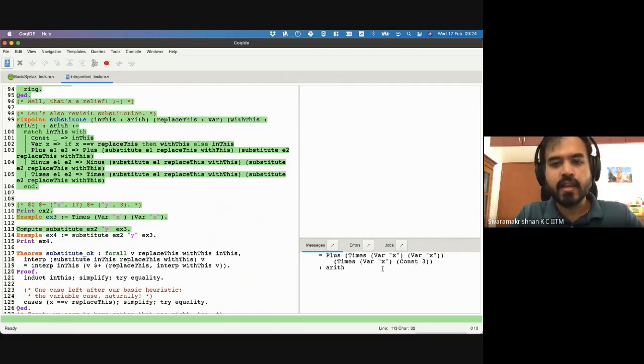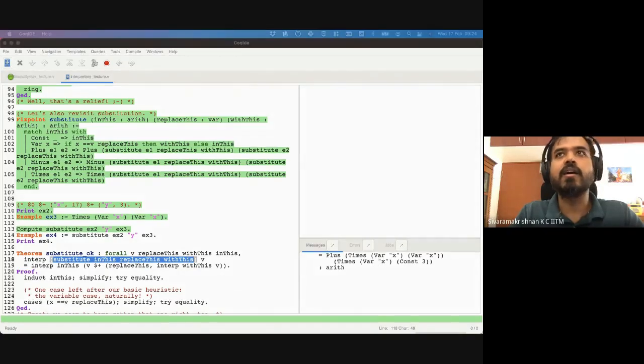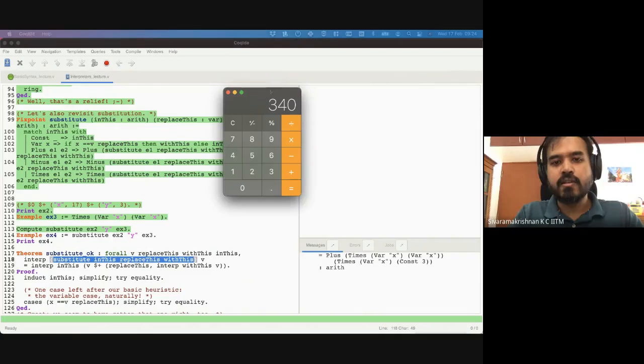And what we are claiming in this theorem is that if you interpret the substituted expression, which says 17 squared plus 17 times 3, and I need a calculator, it's 17 times 17 plus 3 times 17 equals 340.